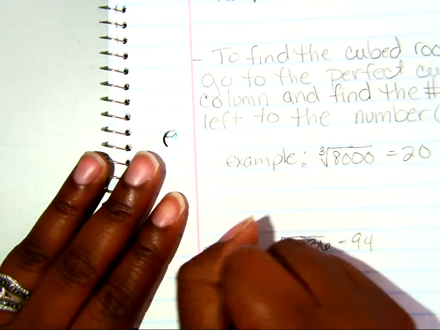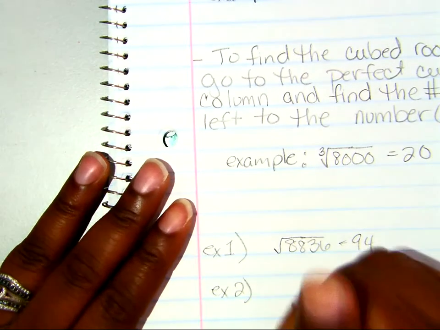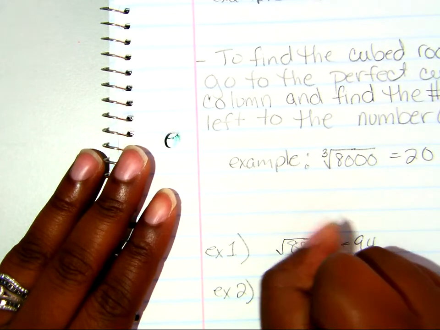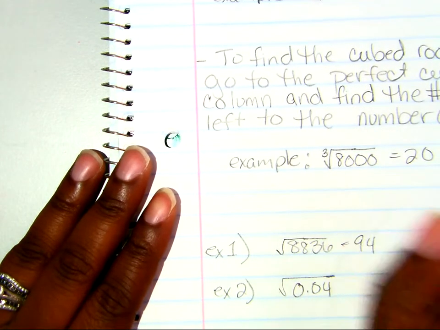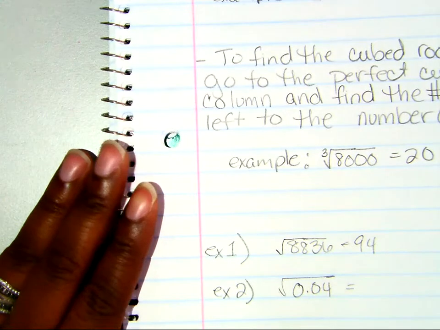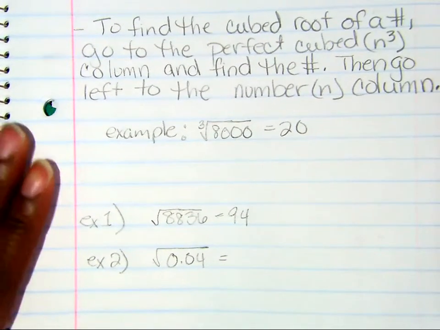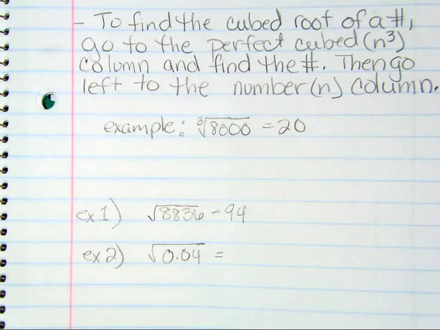Example 2. What about the square root of 0.04? How would I handle that? Is that going to be on here? No. So what do I have to do?